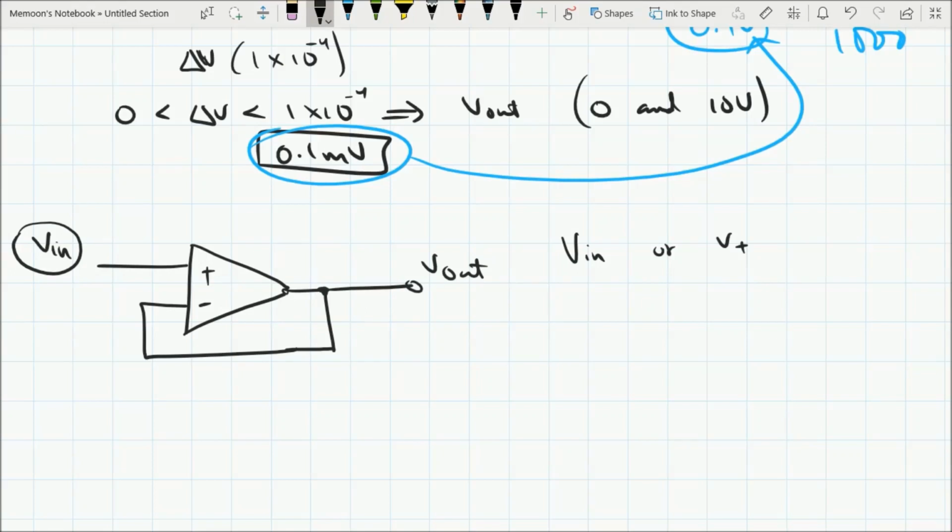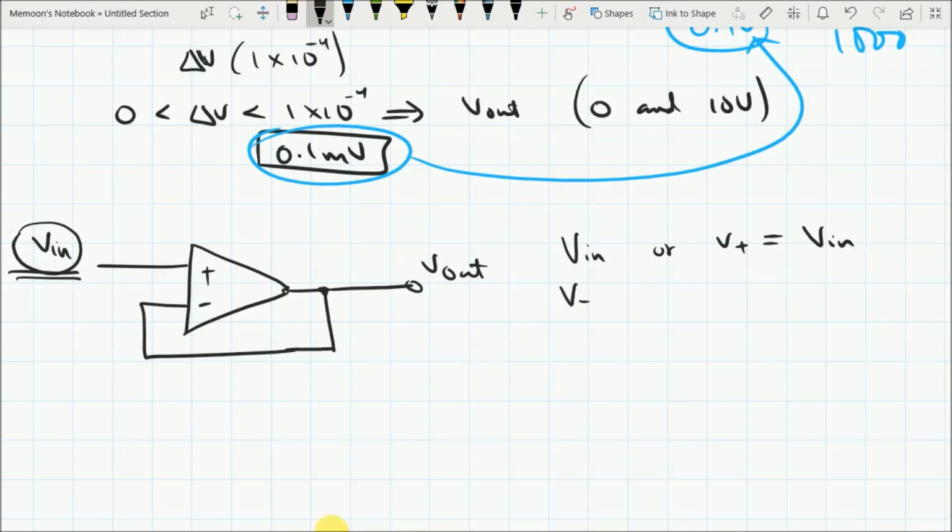We are supplying this voltage. There is no other voltage in this particular circuit that we are supplying except those power supplies, that is just to power up the circuit. But there is just one input voltage that we are supplying. So this means that V plus will be equal to V in. But now we can see that there is a feedback connected between the V out and the V in negative.